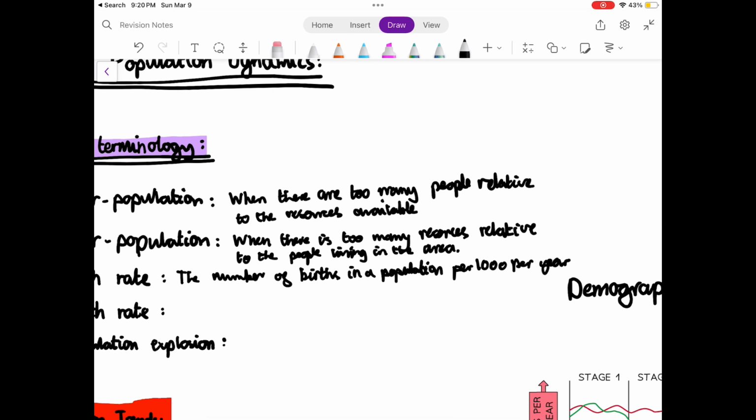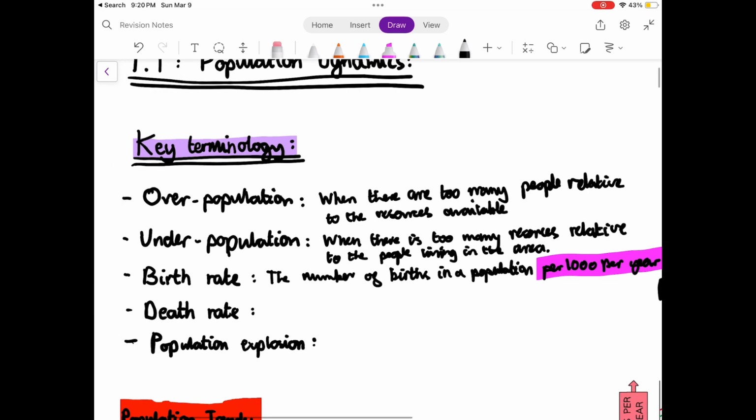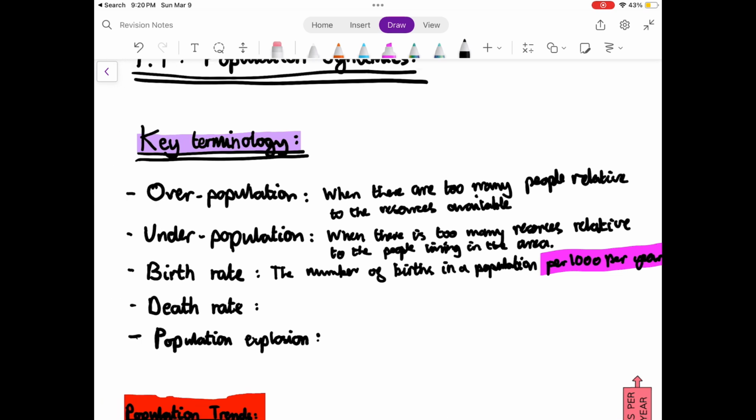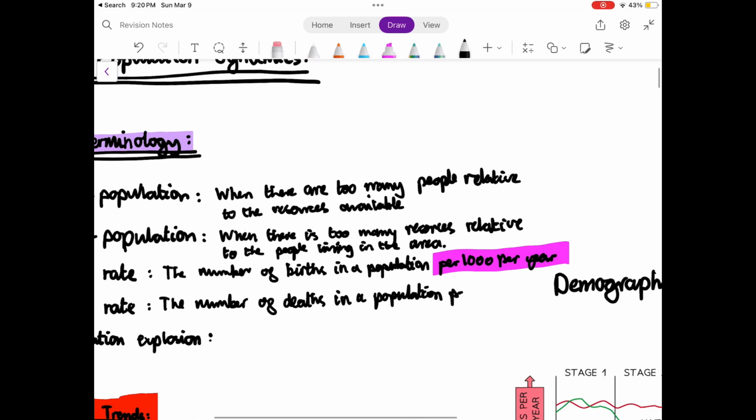Keep in mind that this per 1,000 per year is really important that you state that in your definition, or else you won't get the mark. And the death rate is the same, but in place of births you would write deaths. So the number of deaths in a population, and again you need to write per 1,000 per year.